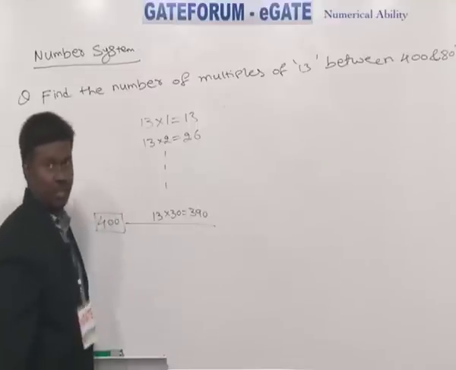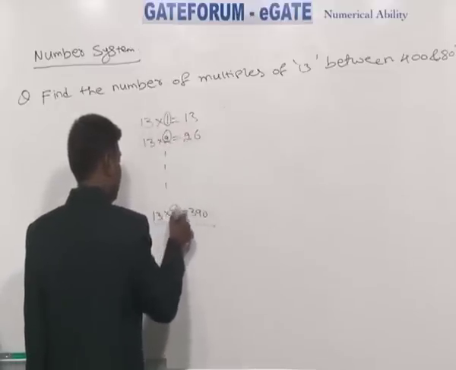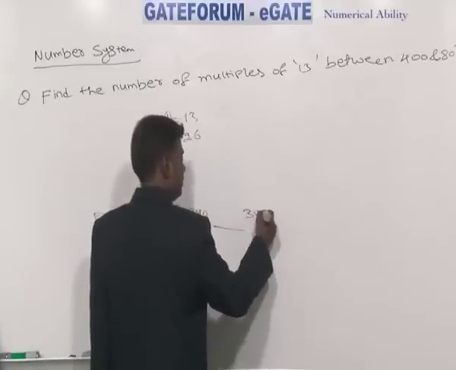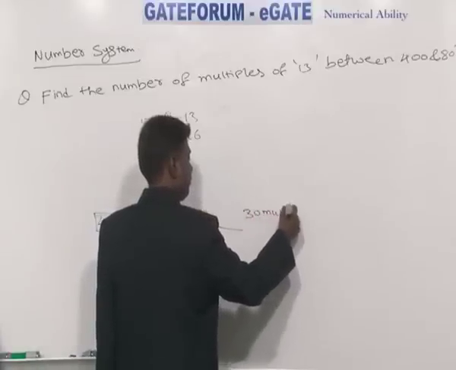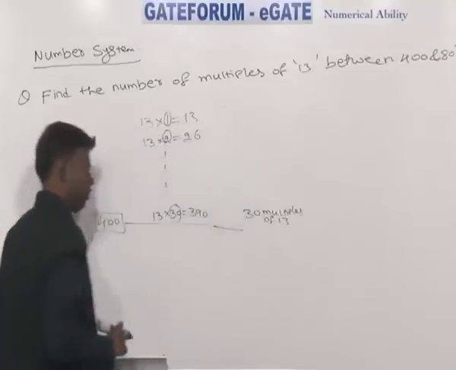How many multiples of 13 are there? 13 ones, 13 twos, 13 thirties. That means 30 multiples of 13, right? Less than 400.